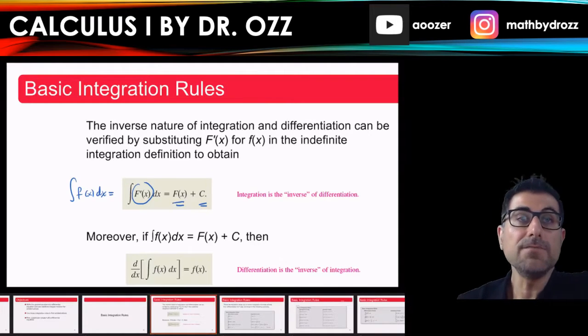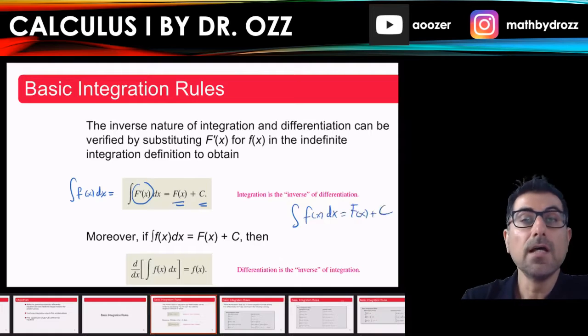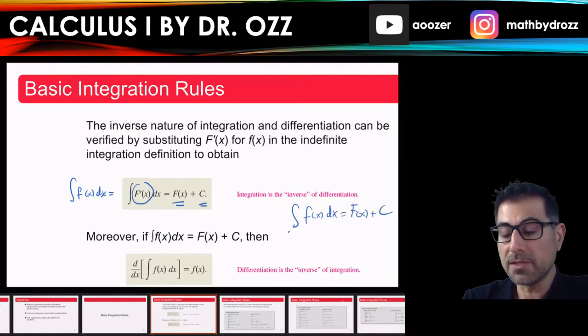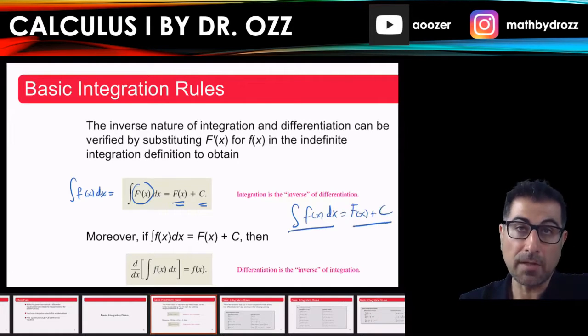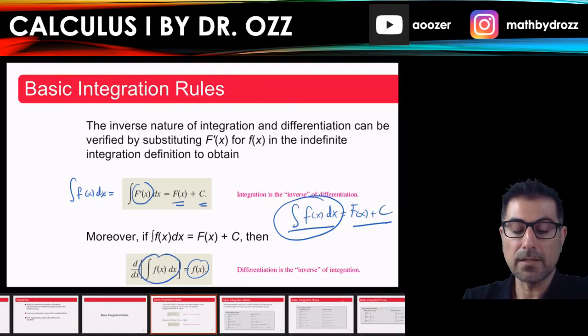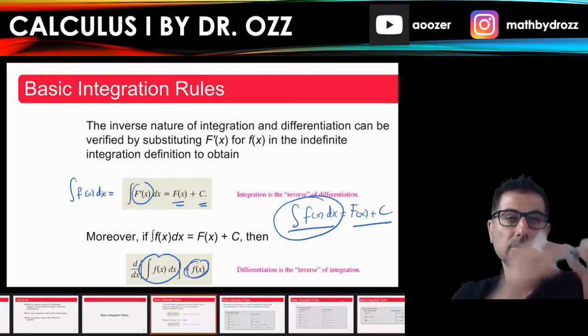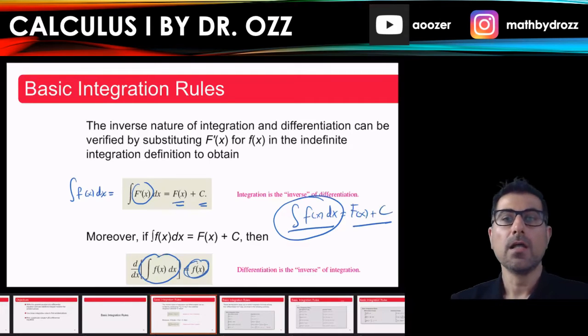And similarly, if you do have the antiderivative of the function, let's say capital F of x plus c, then if I take the derivative of both sides, I should get the same thing. In other words, the derivative of the left-hand side should be exactly where you start with, little f. So the antiderivative of f is this integral here, and the derivative of the antiderivative is just doing and undoing, so you should go back to where you started.